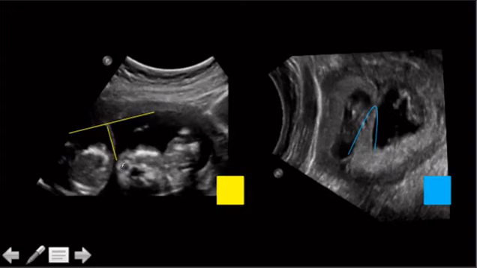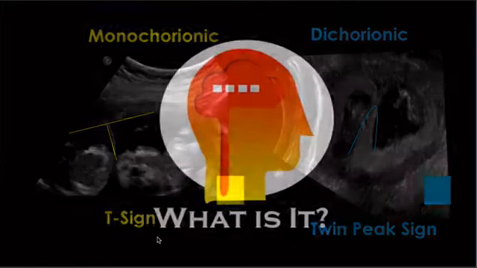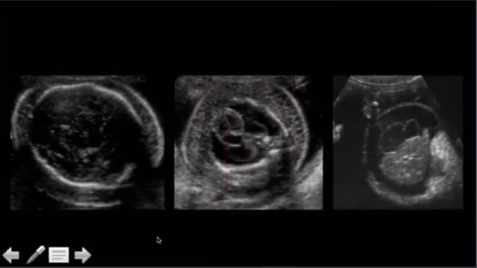So T sign, monochorionic; twin peak sign, which is the meat like a mountain peak, that's the dichorionic.